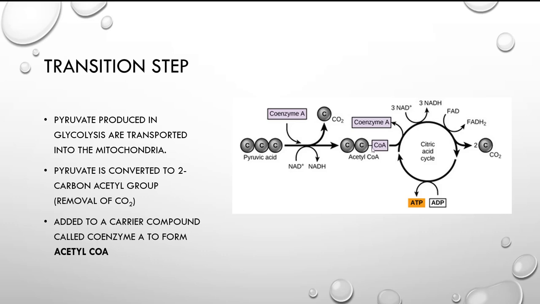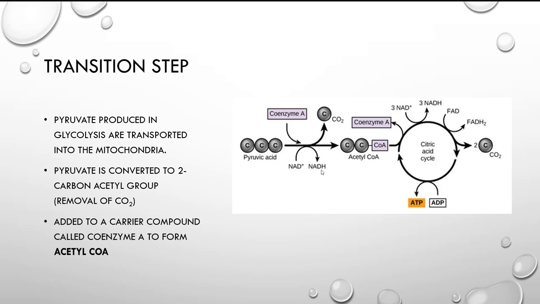So this coenzyme, called coenzyme A, is going to be added to the 2-carbon chain to form something called acetyl-CoA. Okay, so we have acetyl-CoA being formed, and in that process, when we're breaking that carbon off from pyruvate, we're actually going to strip a couple electrons off of that as well to form an NADH. Okay, so the end products of this process, we end up with acetyl-CoA, a carbon dioxide, and an NADH.